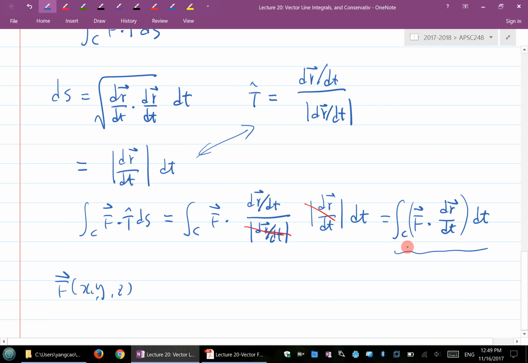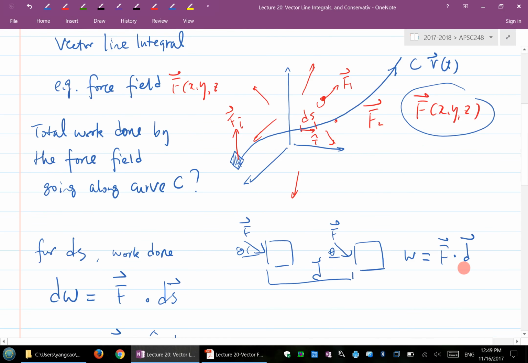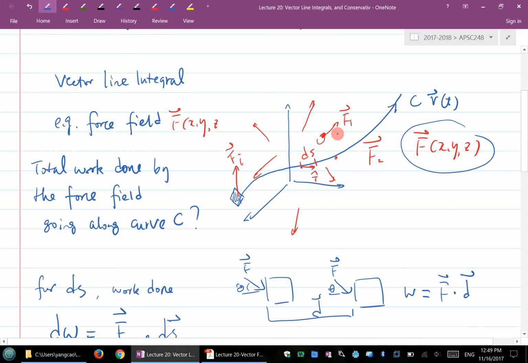So f itself is a vector field everywhere, but you are doing things only along the curve C. So essentially the x, y, z for this vector function will be restricted to the values on the curve C here.